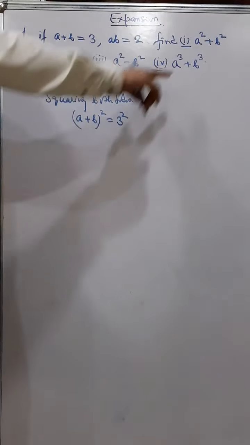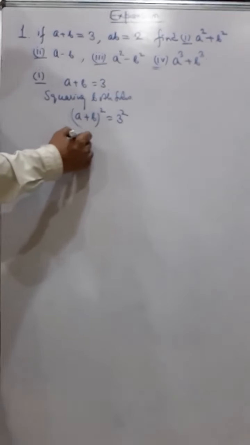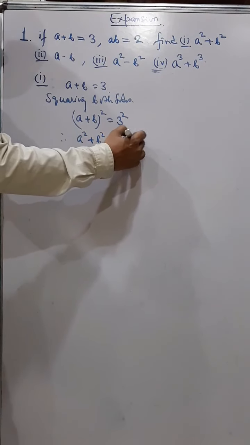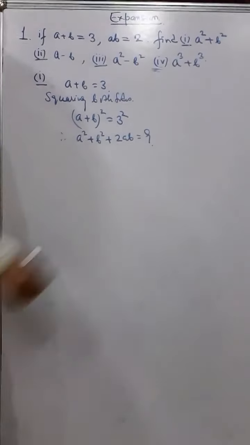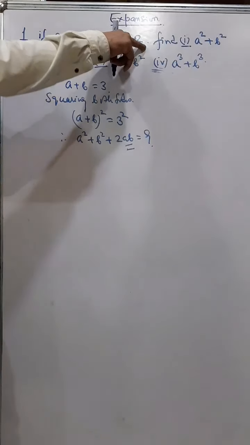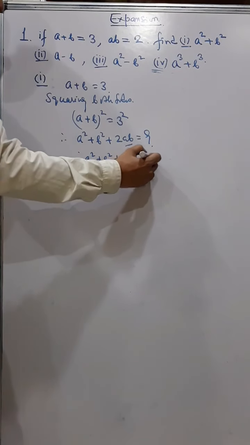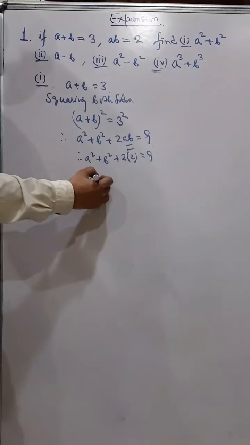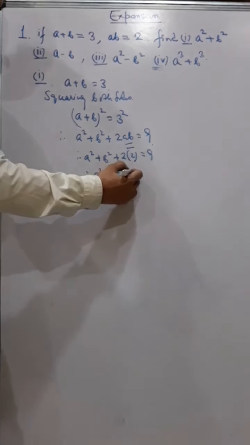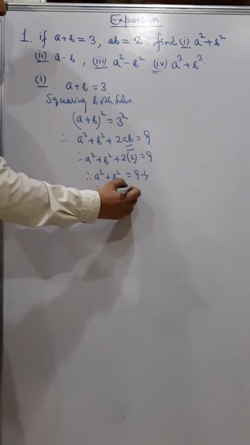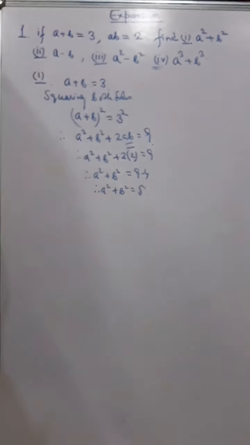We are doing squaring because we require a square and b square, and now we will use the formula a plus b whole square, that is a square plus b square plus 2ab, is equal to 9. Now it's simple, we'll put the value of ab, we already know 2, so we get a square plus b square plus 2 into 2 is equal to 9, and therefore a square plus b square is equal to 9 minus 4, and we get a square plus b square is equal to 5.